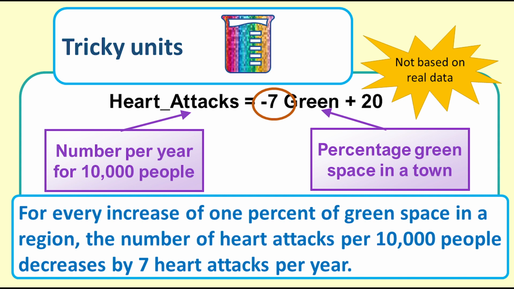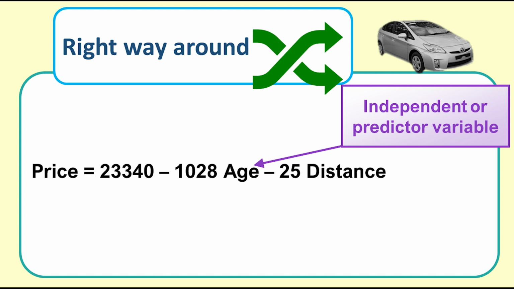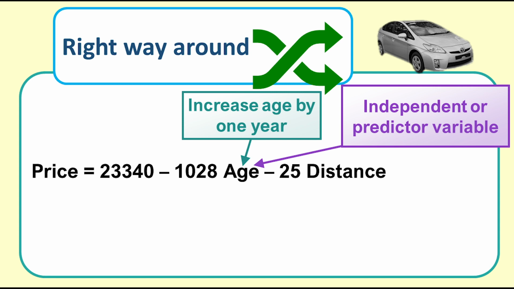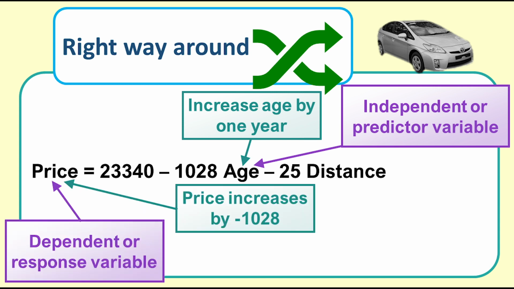Right way around. It is very easy to get this confused, and I have seen many students confuse this. It is the predictor variable, the one inside the formula that increases by 1 to give an increase of its coefficient value in the dependent or result variable. So when we interpret the Prius model, we say, for every increase of 1 unit of age, the price increases by negative $1,028.